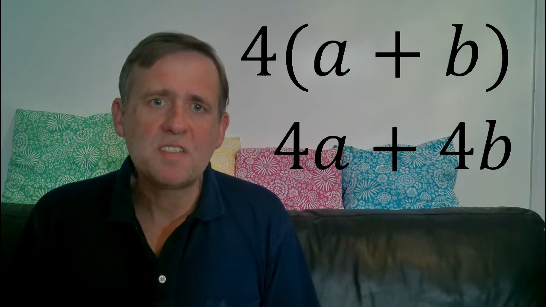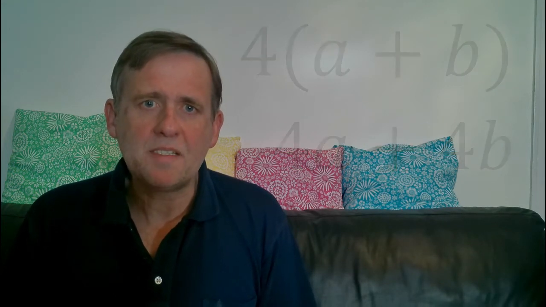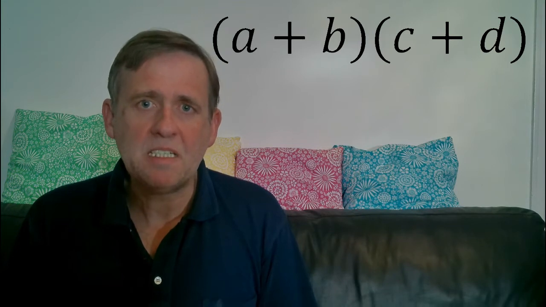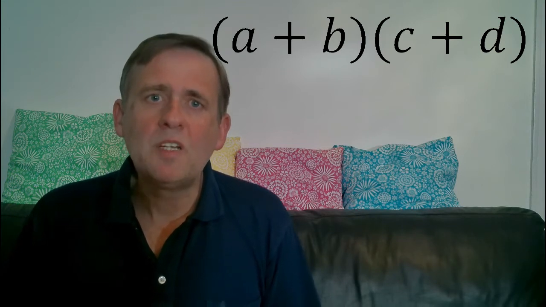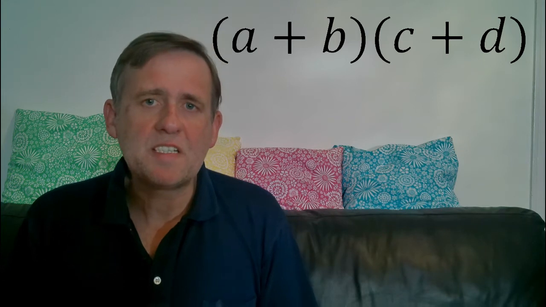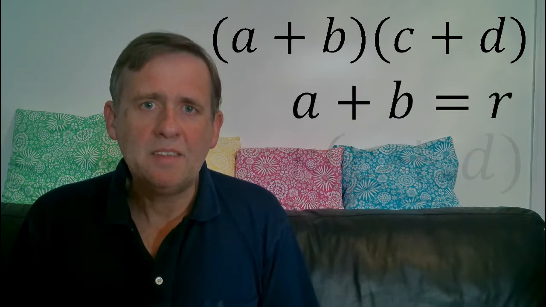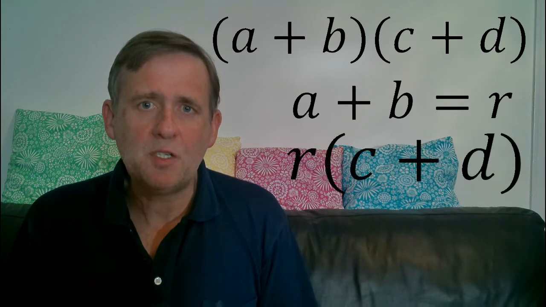Our expansions can even get a little more complicated. Take, for instance, the expression open brackets a plus b close brackets times open brackets c plus d close brackets. Well, in order to do this, let's first let a plus b equal r. We then get r open brackets c plus d close brackets.